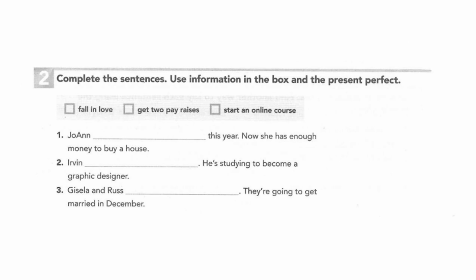Here, you have to complete this sentence, using the information in the box in the present perfect tense. As you can see, these expressions are in the base form, so you have to change them into present perfect tense and then use it to answer this. Only three options.